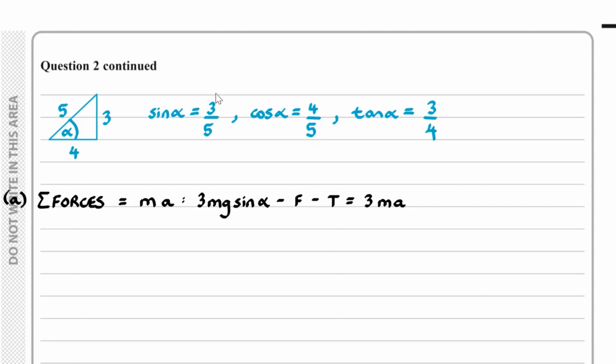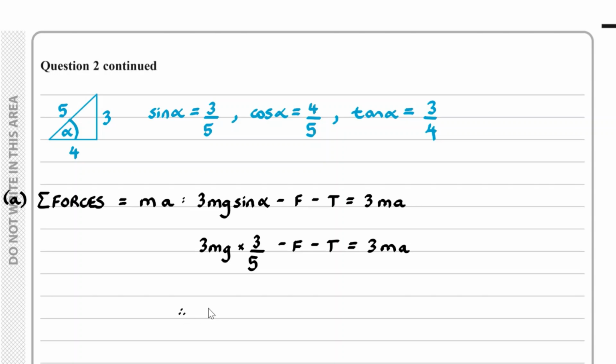We know sine alpha is 3/5. So we've got 3mg multiplied by 3/5 minus F minus T. This is equal to 3 multiplied by m multiplied by a.